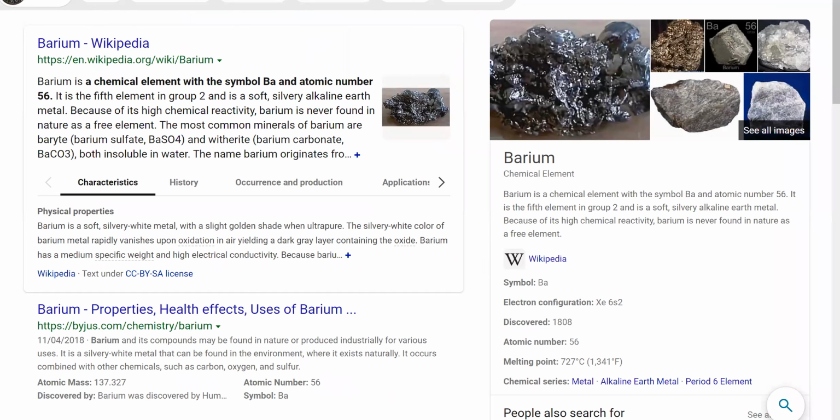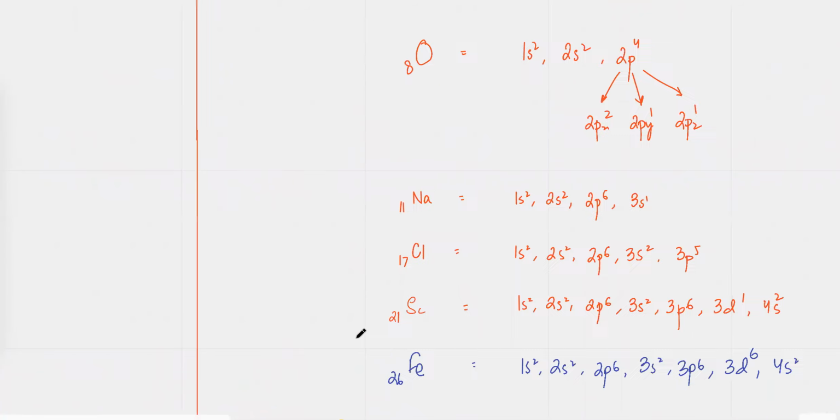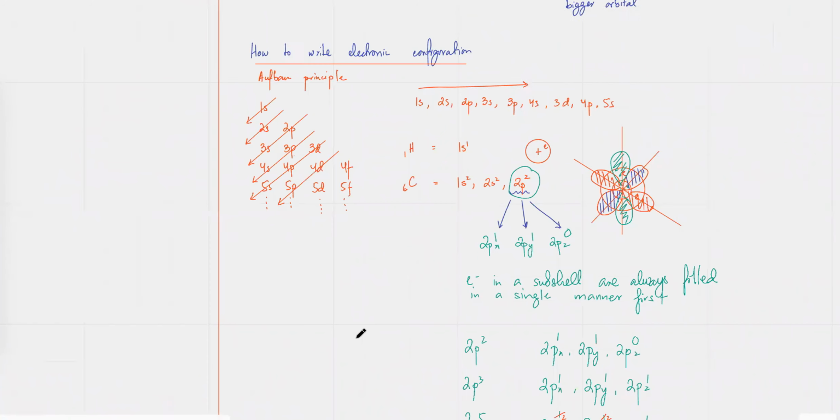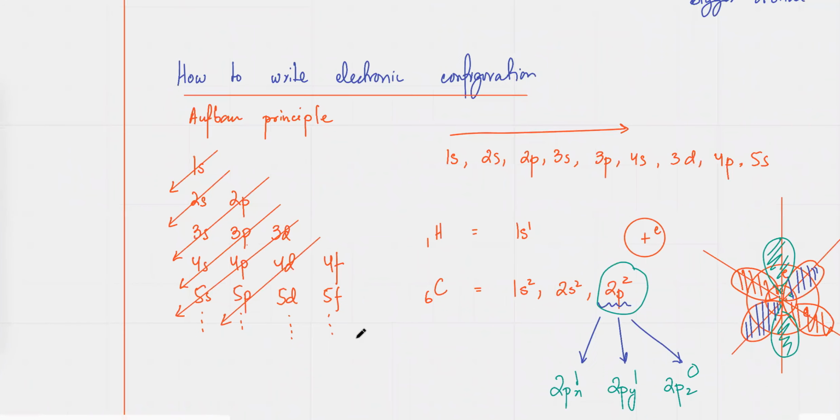Barium will have a lot of electrons, so it's going to be really time consuming if you start following the Aufbau principle and writing the electronic configuration of barium. It's not going to end at 5s2; it would continue after that as well. Up till 5s2, that's 2, 4, 6, that's 10, and then 2, that's 12.